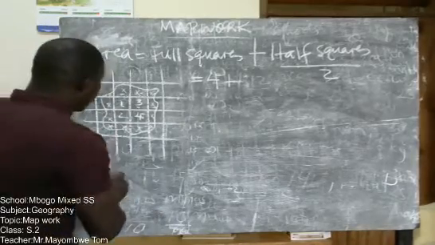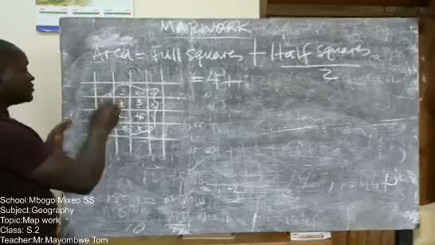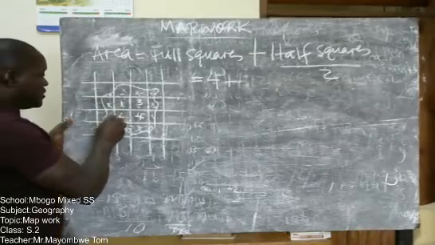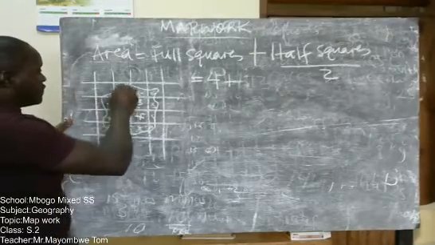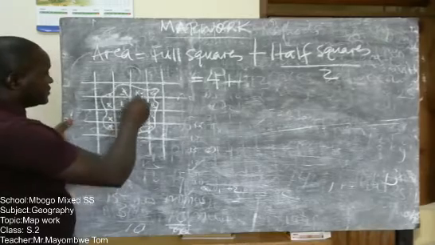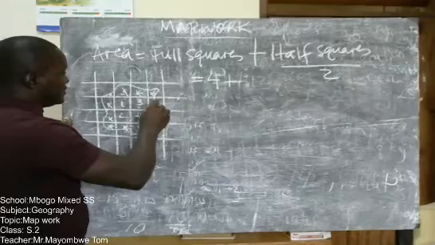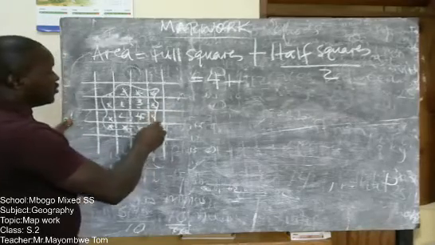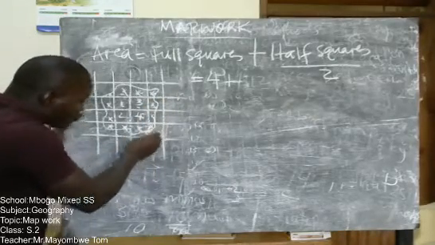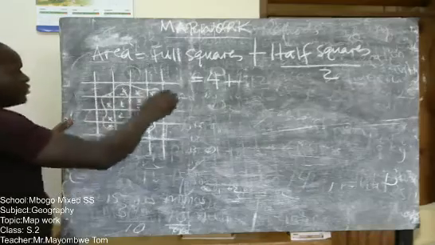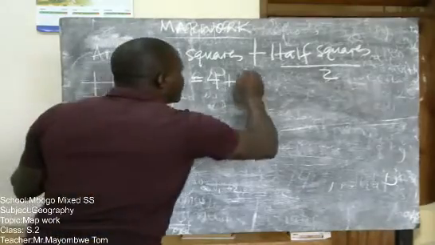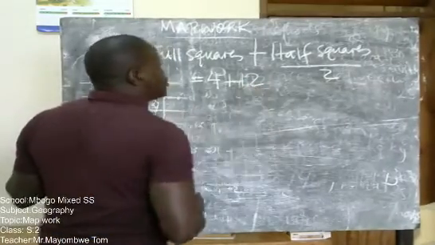So we come here and count 1, 2, 3, 4, 5, 6, 7, 8, 9, 10, 11, 12. When we are counting, we follow the boundaries of the lake. So the half squares are 12.